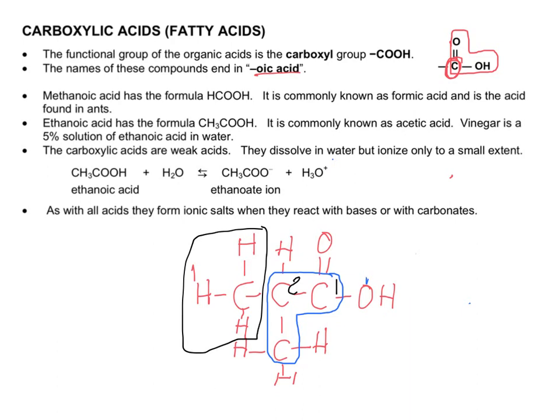Okay, so it'll be 2-methylpropanoic acid, all one word, except the acid part. That's a separate word. Now, notice how the methyl and the propanoic stick together as one word. That's because all the carbons are connected. The minute you disconnect carbons, you disconnect words.